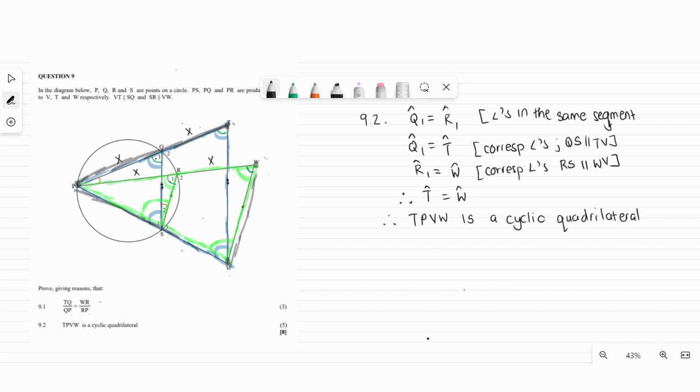But then you need to have your reason. Your reason is converse, comma, angles in the same segment. That's true because if this was a cyclic quad, if there was a circle, T and W would be angles in the same segment. So you're done with question 9.